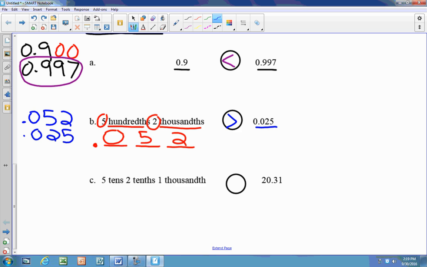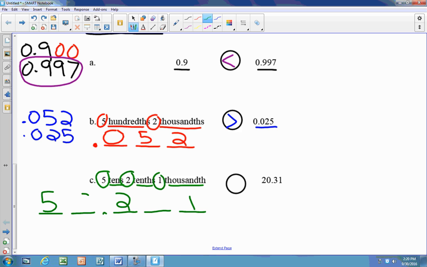Once again, we are now in unit form on the bottom here. So we're working with tens, tenths, and thousandths. So we have to have our tens, ones, tenths, hundredths, thousandths. There are 5 tens. There are 2 tenths. The tenths are here. And there is 1 thousandths. The thousandths are here. All the other places I need to fill with zeros.